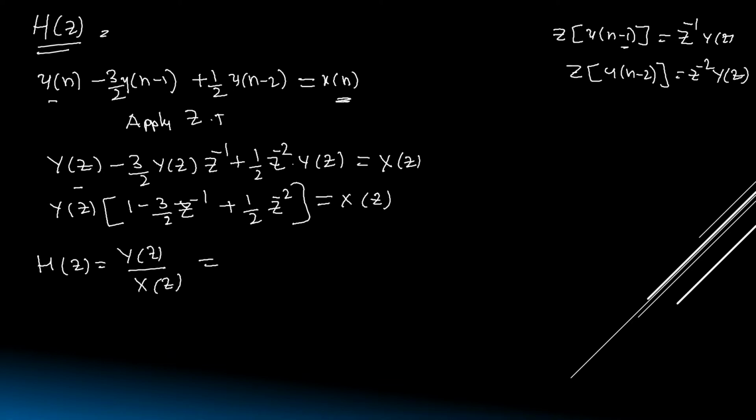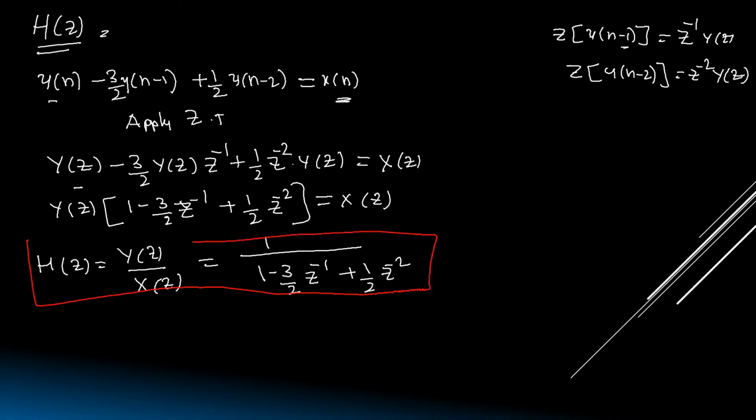This is equal to 1 / (1 - 3/2 z^-1 + 1/2 z^-2). This is the system transfer function, obtained by using the linear constant coefficient difference equation.